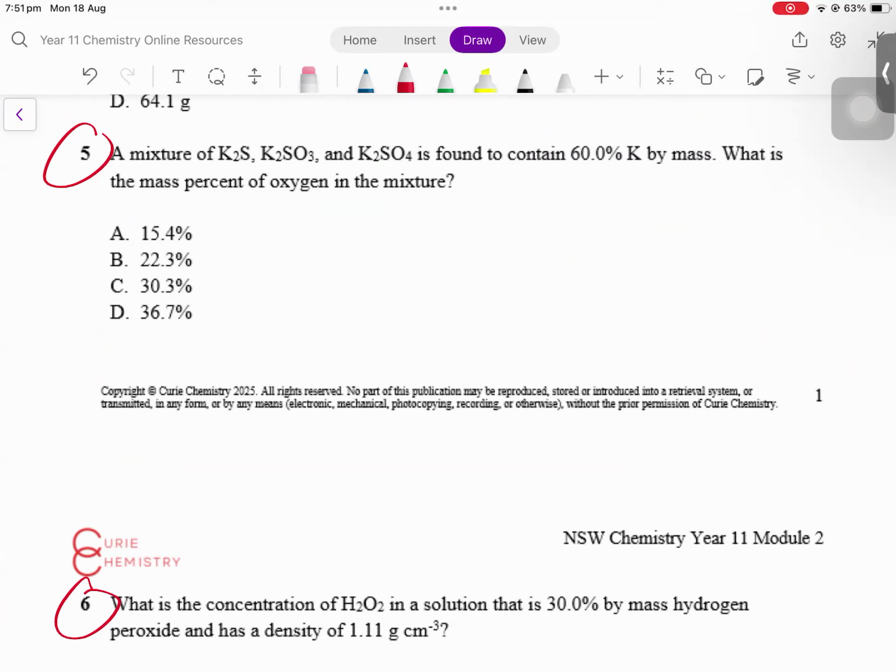They've given me 60% for potassium, but they're asking me for oxygen. What variable do I need if I want to jump between different chemicals and different formulas? Anytime you notice they ask and give you things that are different, your first job is to calculate moles.